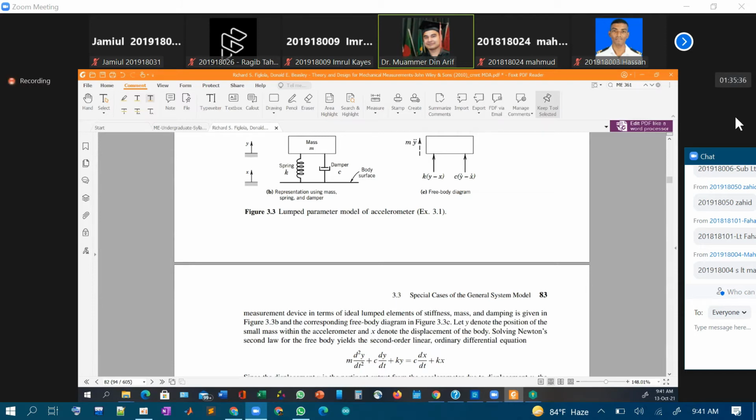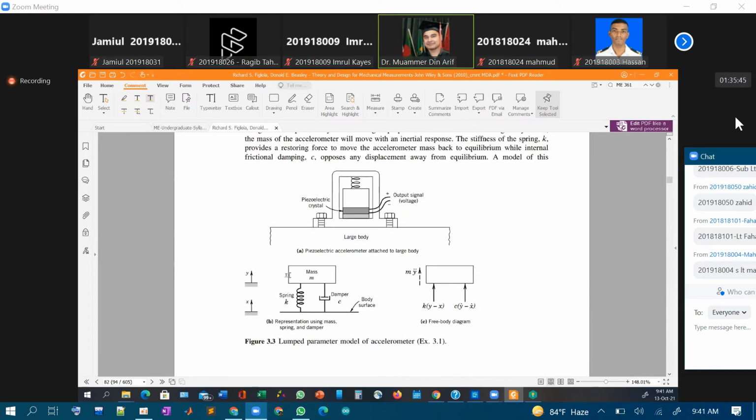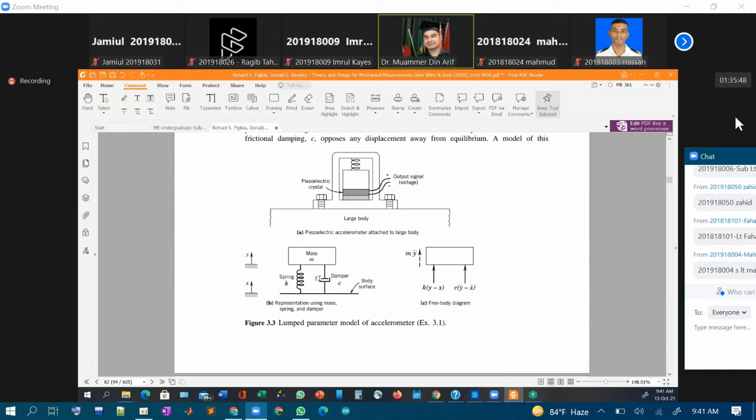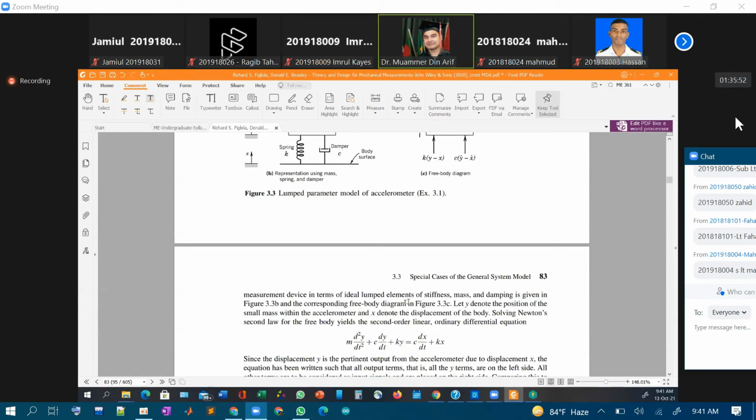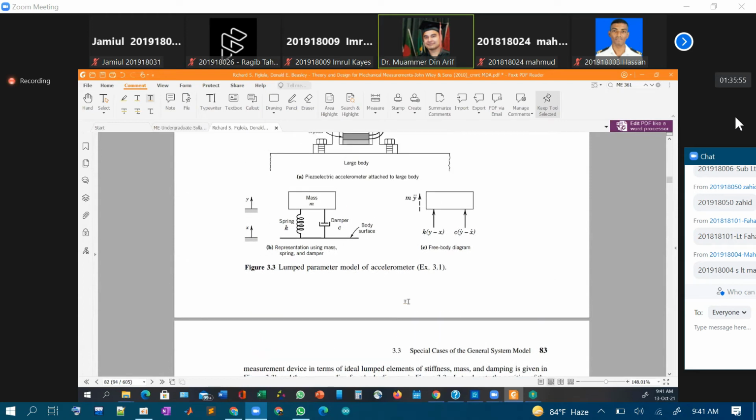Trust me when I tell you, মাস স্প্রিং ড্যাম্পার, এই যে সিস্টেমটা, converting any mechanical system into a mass spring damper system, then finding the differential equation, writing it and understanding it, you can solve many problems in measurement, in machine design, in theory of machines, and in control engineering, also in robotics. অনেকগুলো সাবজেক্টে অ্যাপ্রোচ আছে, and this is very basic.